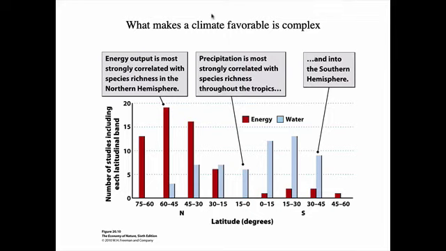Now that's weird, isn't it? Because the southern hemisphere has way more water. Southern hemisphere is mostly water. So why should water availability be more important in the south than it is in the north? That's weird. It's counterintuitive. What you have to remember is where the land area is in the southern hemisphere.